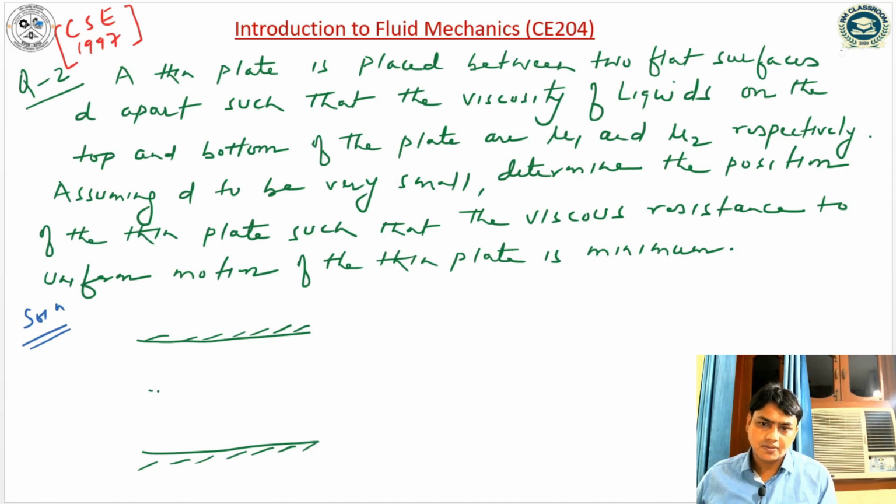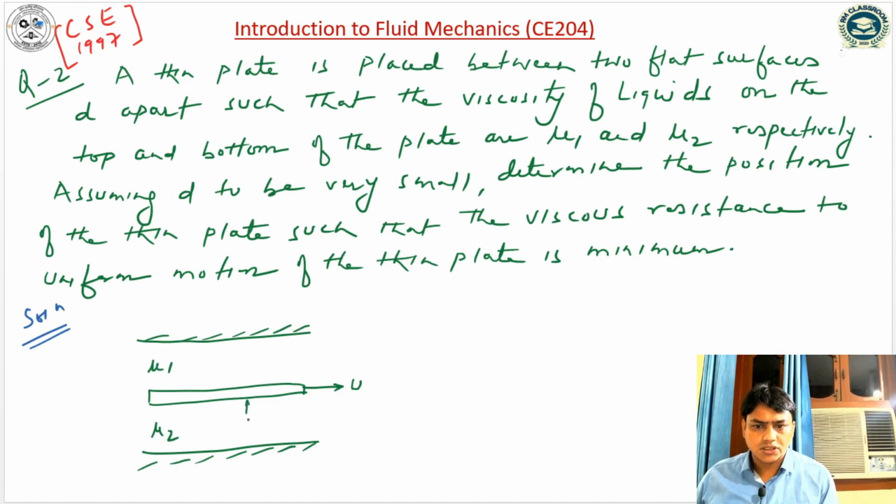Let us assume this is the thin plate, and this thin plate has a velocity u, such that the viscosity of liquid on the top and bottom is mu1 and mu2.